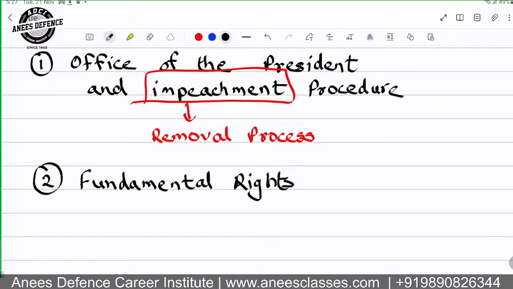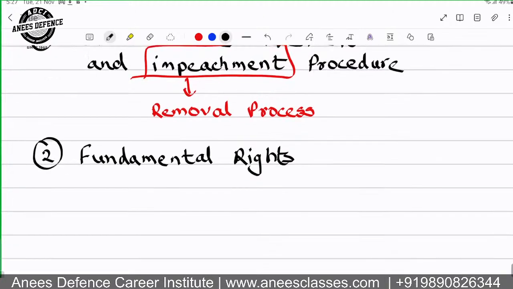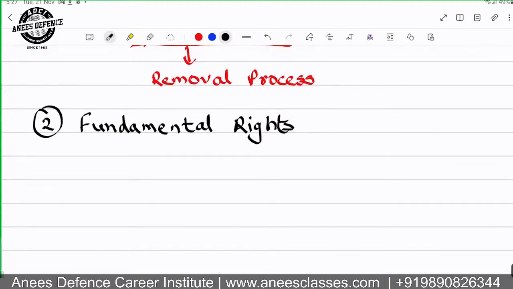In the US Constitution, there is a chapter called Bill of Rights. So the idea of fundamental rights we have adopted from the Constitution of the USA. Next, the process of removal of judges of the Supreme Court.